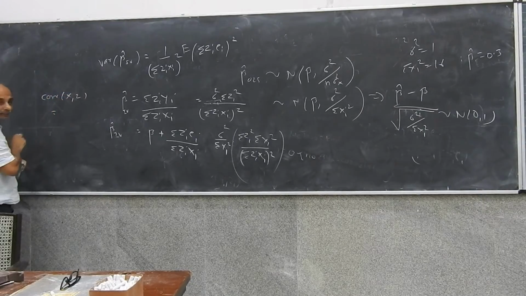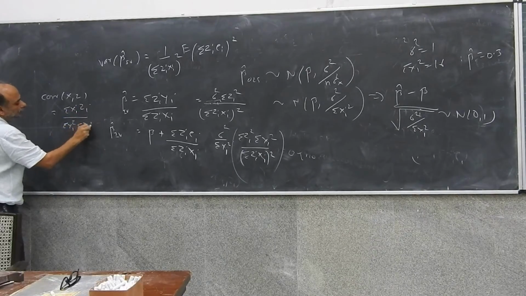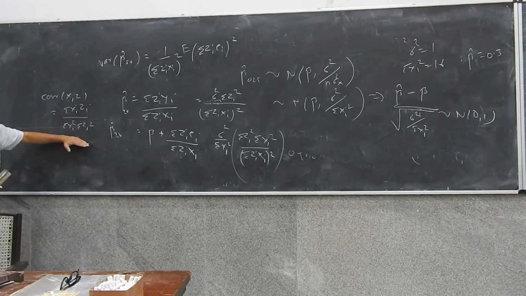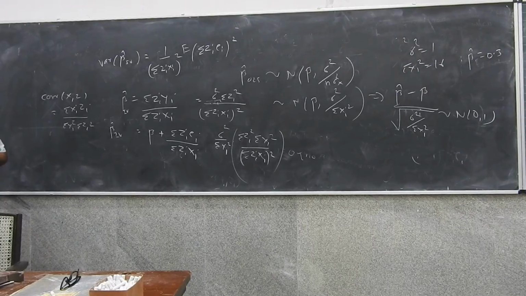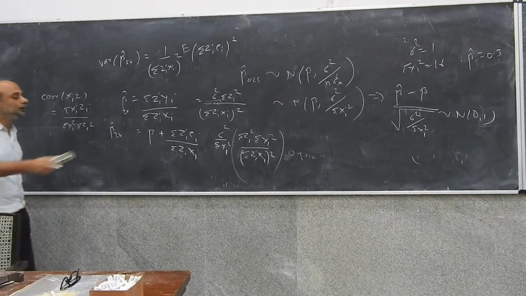So if I write this here, correlation xz is summation xi zi. Actually, there will be an n here and here and here also, so those n's will cancel. So I know this is summation zi square.